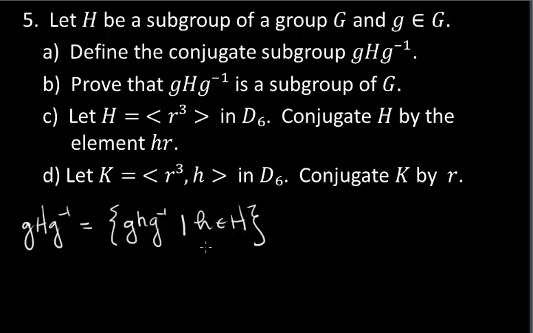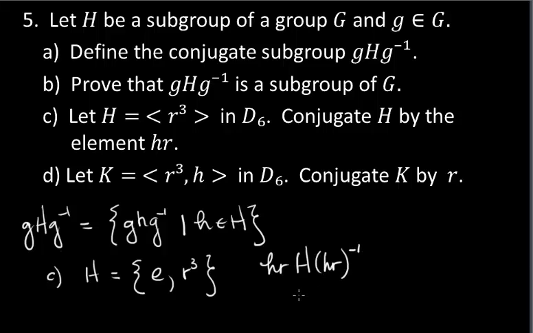So I think I'm going to do C and D before we prove that it is a subgroup, so you can see an example. Let's do part C. Here, H is the subgroup generated by taking powers of R cubed in D6, so it's just R cubed and E. If you square R cubed, you get R to the 6th, which is the identity. And in this case, we're going to conjugate it by the element HR.